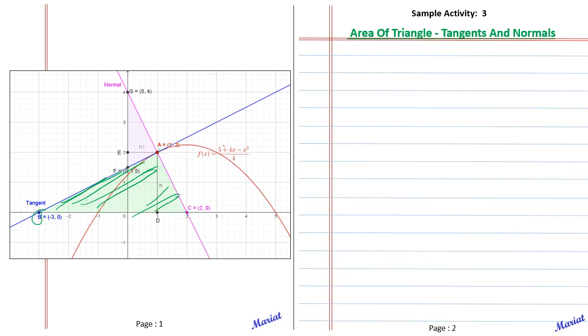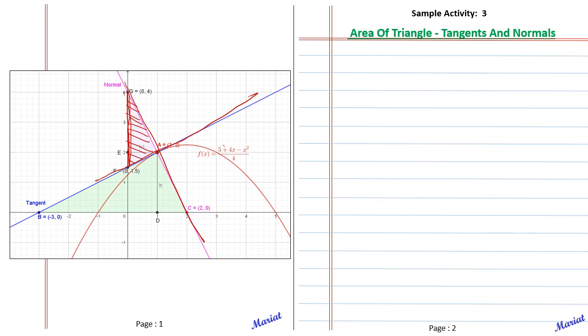Then, one more thing we will do. There is another triangle. The same tangent and normal make another triangle. See, the tangent is the same and the normal is the same. But this time, the area we want to find is of the triangle made with the y-axis.